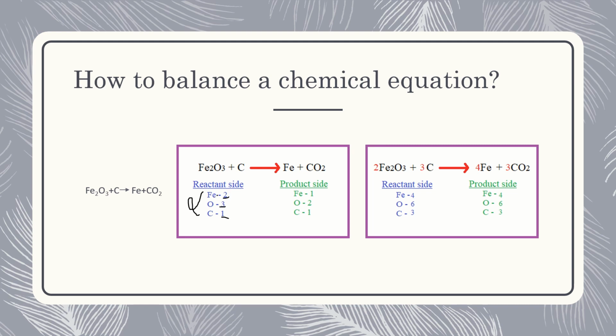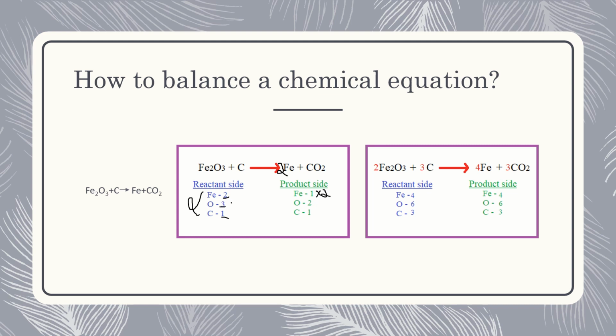As Fe is 2 on the reactant side and Fe is 1 on the product side, we can simply add a 2. For this method we don't have any formula, but we use a trial and error method. So when we put 2 Fe here, now it is balanced.